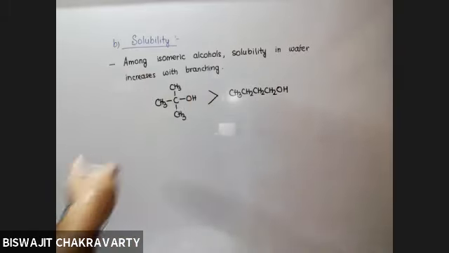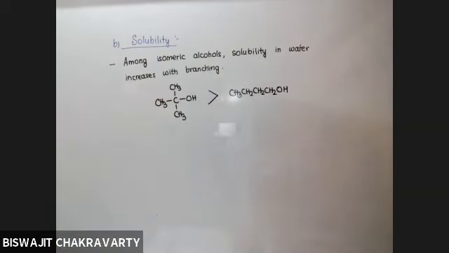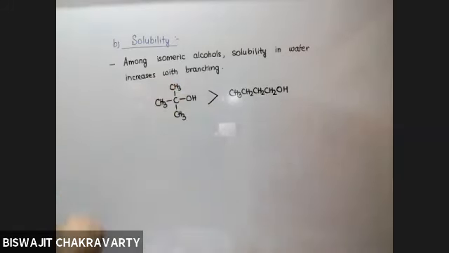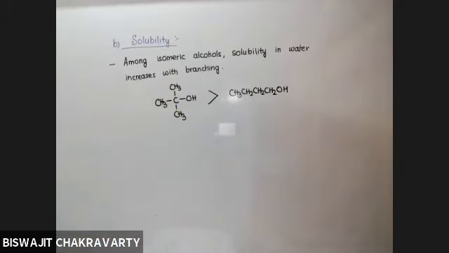So this is branched and this is non-branched. Now, what will happen when there is branching? When there is branching, the surface area decreases. And if surface area decreases, the alkyl group will have lesser dominance or not? It is the alkyl group whose surface area is decreasing, isn't it?